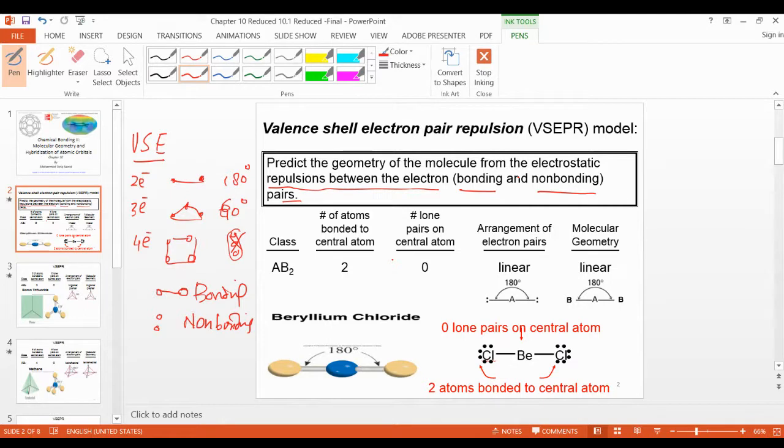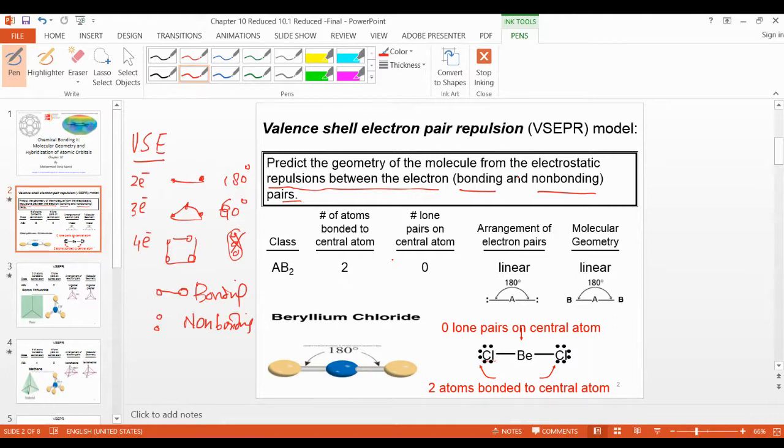Does anybody understand the VSEPR theory? What is this VSEPR theory? What is VSEPR? I believe it's how electrons should be placed depending on the valence shell electrons. How you place the electrons between different electrons, right?